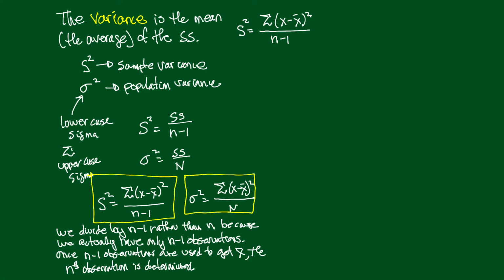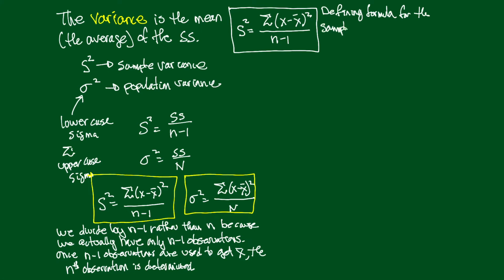Now this one here is the defining formula for the sample variance. And in this case, the data is given individually. All right, the data is not given in a frequency table. You've got all the individual pieces of data.